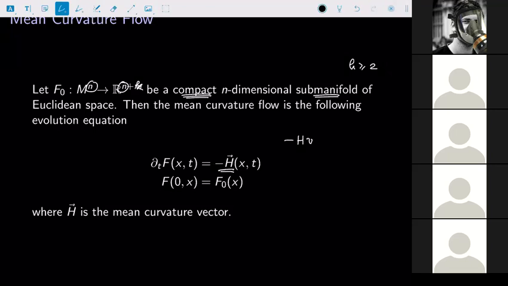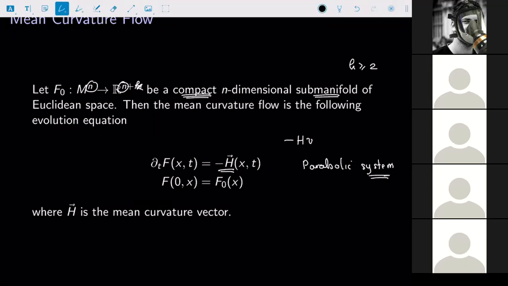So this mean curvature here is actually properly a mean curvature vector, and it has a number of different components. So it'll be a vector of dimension k, it'll have k components. And so actually the flow here means that this will be a parabolic system.